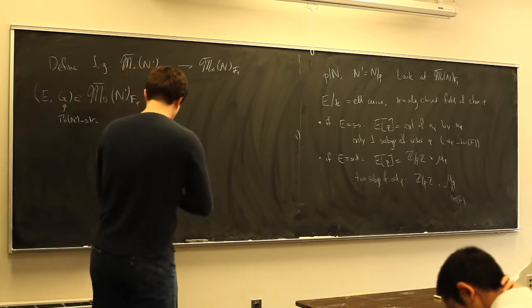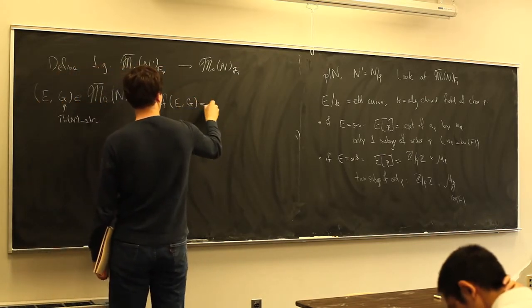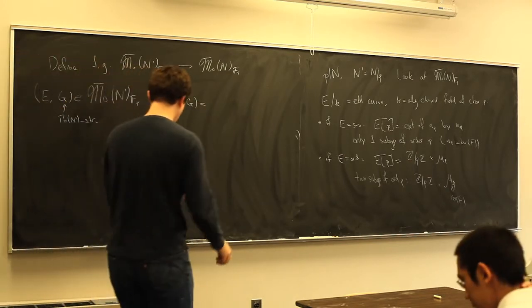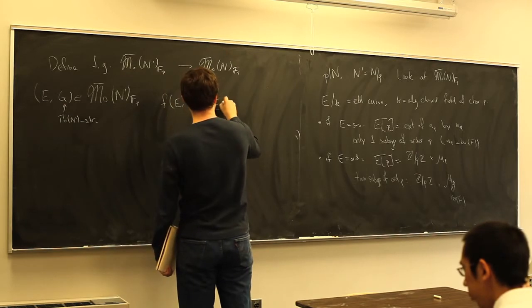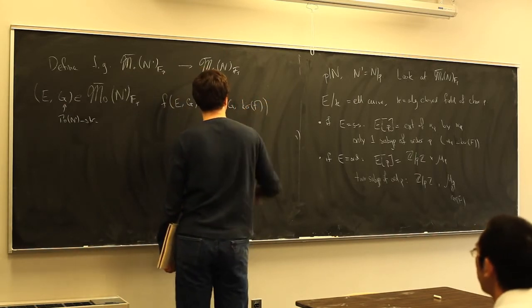So then f of (E, G), well, this is going to be the obvious one that we just talked about, the kernel of Frobenius. So I take E, G, and then the kernel of Frobenius.